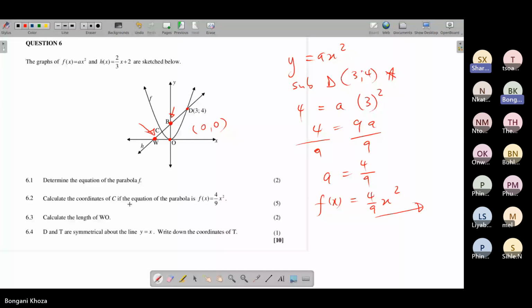So this question is sort of guiding you that whatever you were supposed to find for the equation of f is that. So they're helping you not to get everything wrong. You might have gotten this part wrong, but now if you're using this, that means you're able to get this one correct and that one correct and so on.